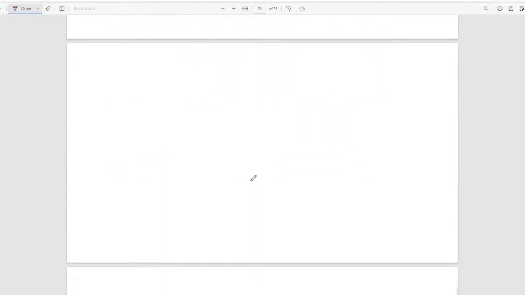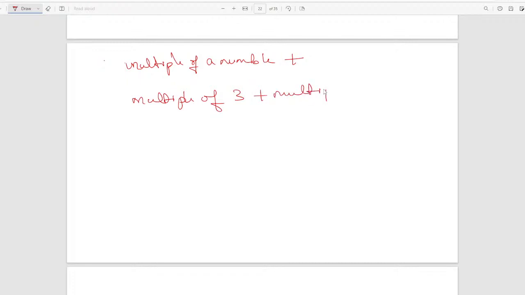And the properties of these multiples are, for example, if you're adding a multiple of a number plus a multiple of that number, for example, if I'm adding a multiple of 3 plus a multiple of 3, the result would be a multiple of 3.